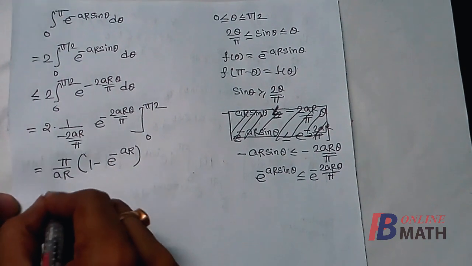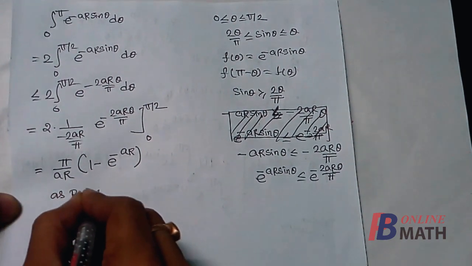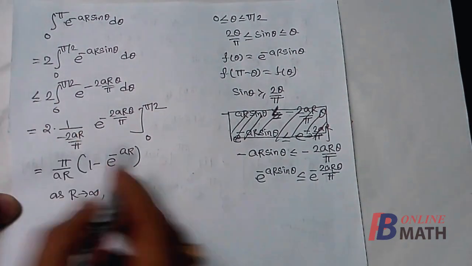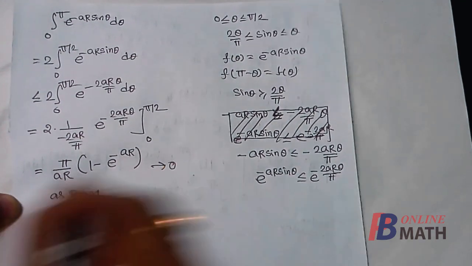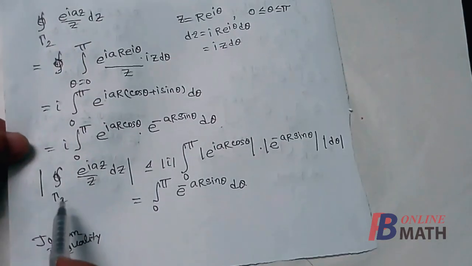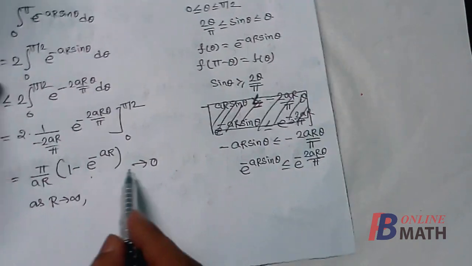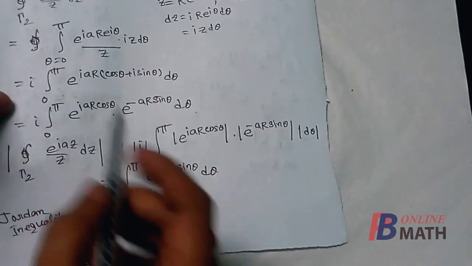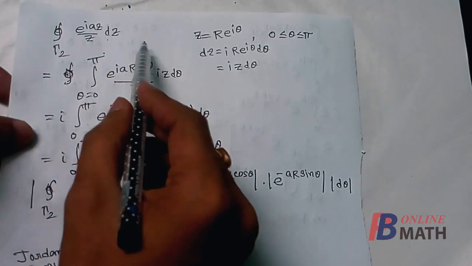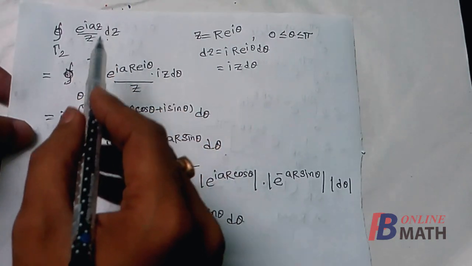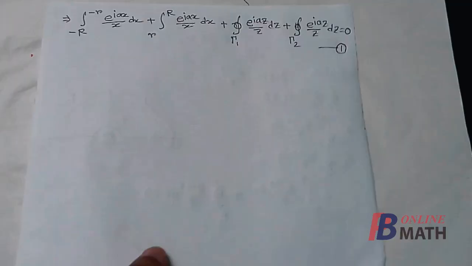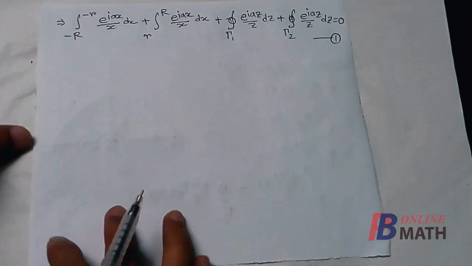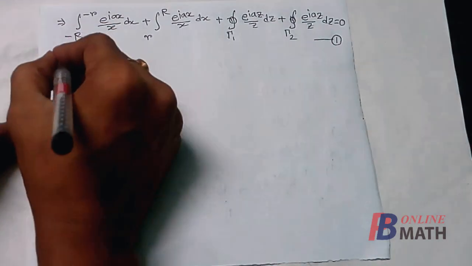Now as capital R tends to infinity, we find that this value tends to 0. Actually, the modulus of this integral is less than or equal to this one, which tends to 0 as R tends to infinity. So we can conclude that this integral tends to 0 as capital R tends to infinity. Now we consider equation number 1. Here it is.